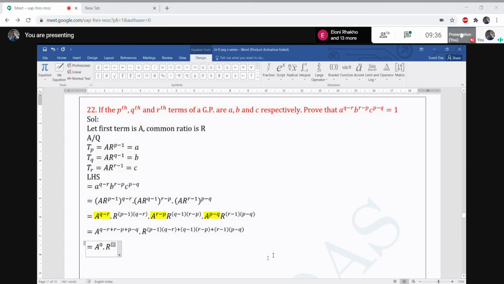So it will be PQ minus PR minus Q plus R, then plus, I'm just opening the brackets, just follow: QR minus PQ minus R plus P plus PR minus QR minus P plus Q. It's just simple multiplication.